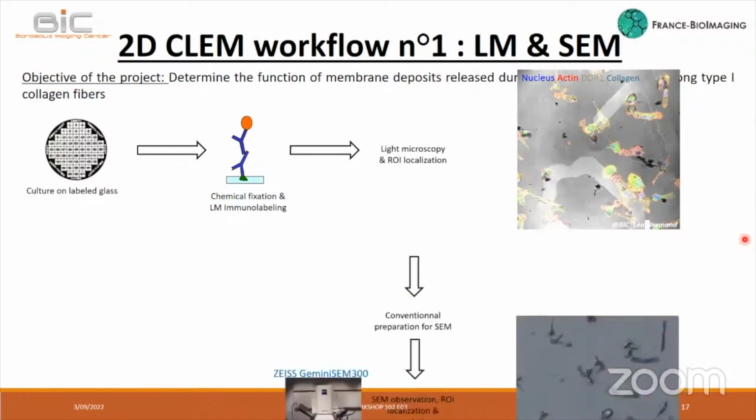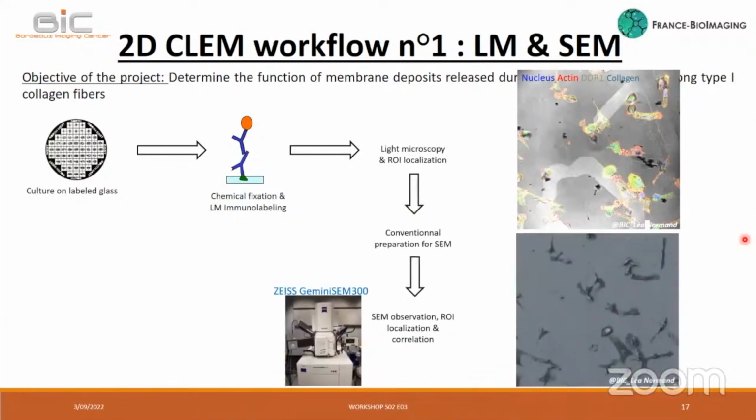Then the same coverslip was treated with a conventional preparation for SEM, with solvent dehydration, critical point drying, and platinum coating. Then observed in SEM, the same region of interest is localized and the correlation was done.